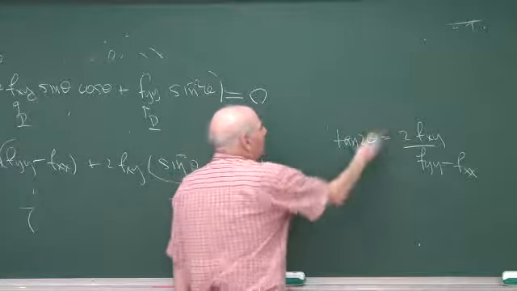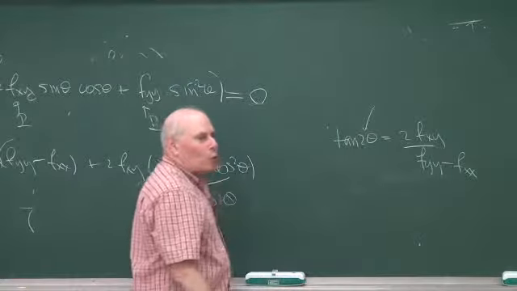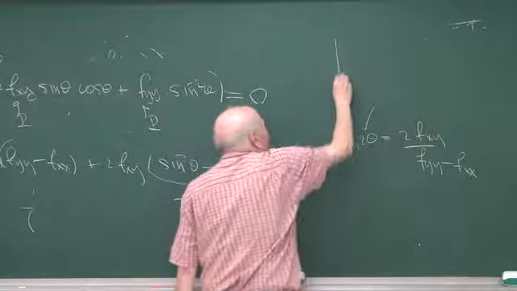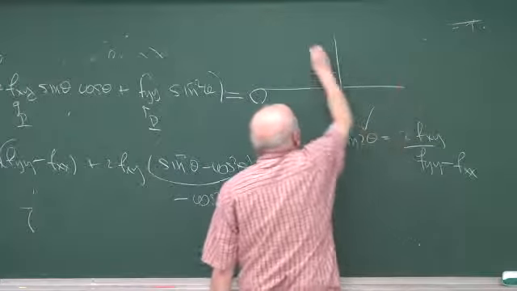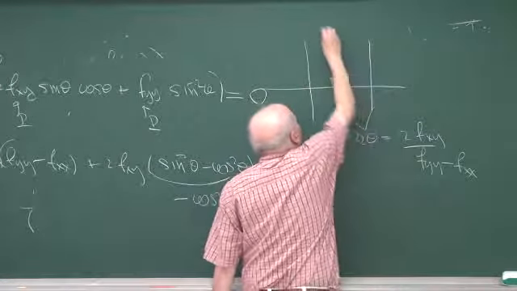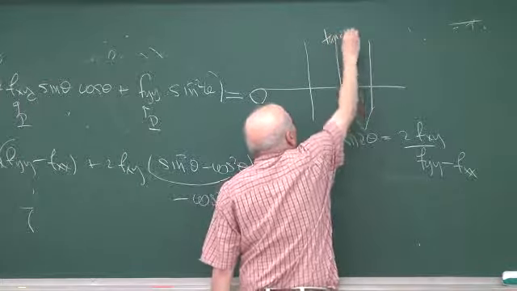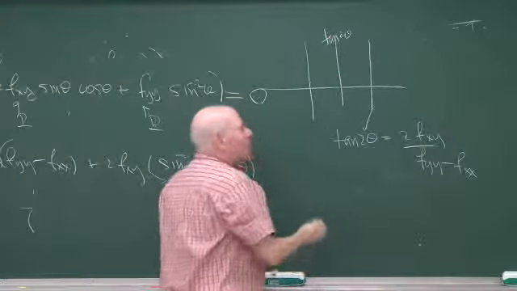Now we answer the question. It's tangent 2 theta. If I draw the graph of tangent, everybody knows the graph of tangent. But what's the graph of tangent 2 theta?